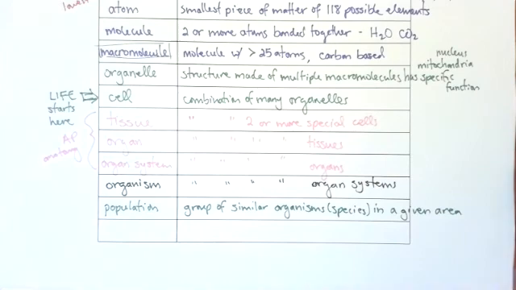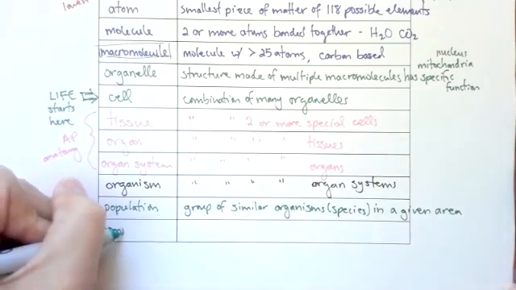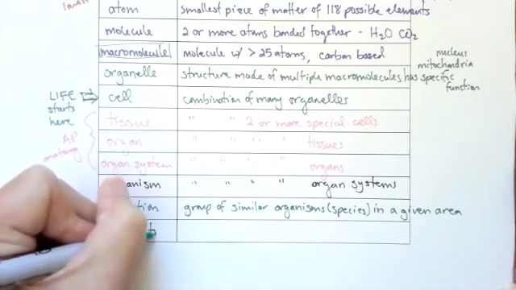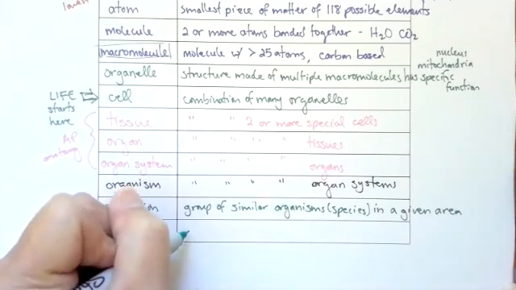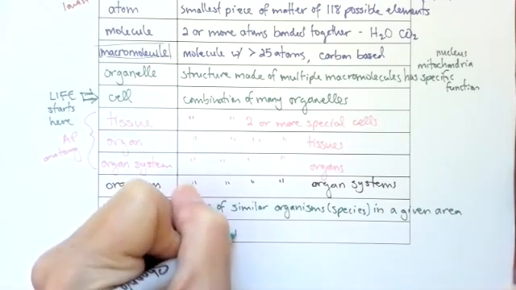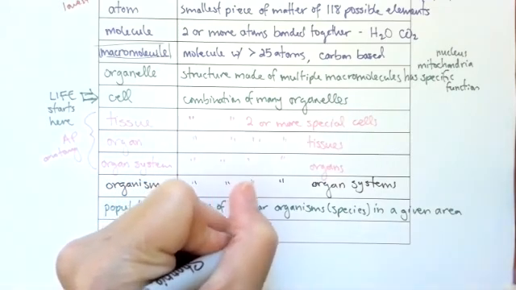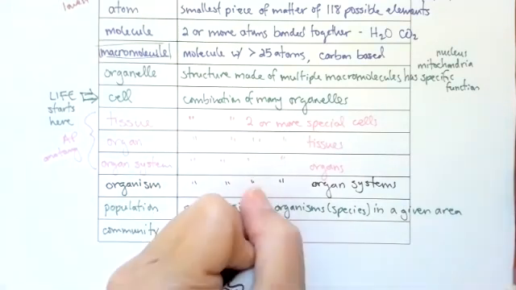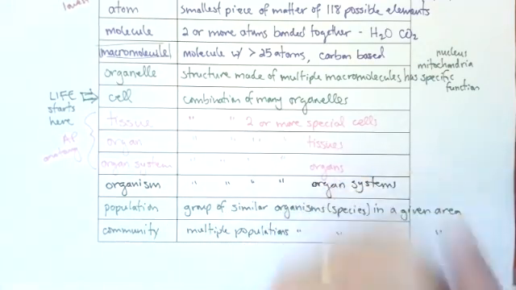If you take multiple populations, all the populations in an area, we call it a community. So I'm looking out my window and I see trees, I see birds, I see some bugs. Those are going to be a community.